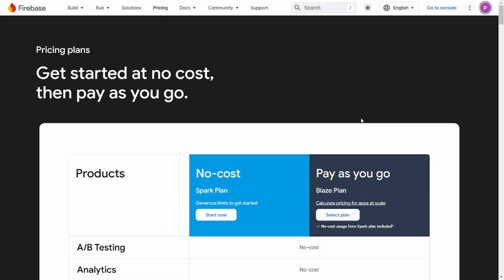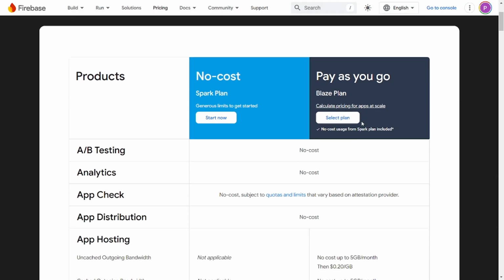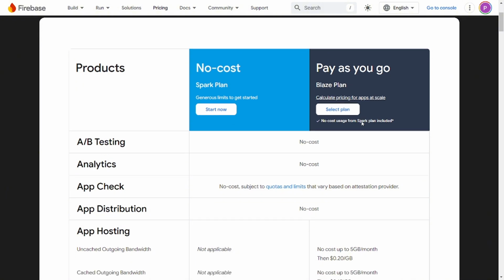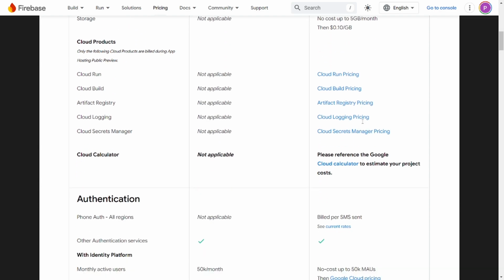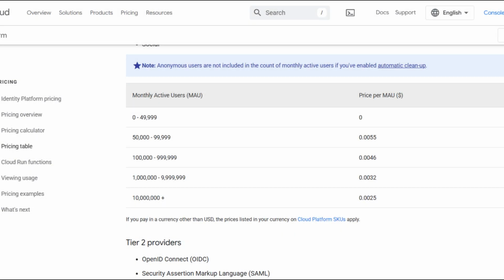Not to mention, it has strong support for mobile and web apps, making it a solid choice for cross-platform development with Flutterflow. However, it's important to note that Firebase uses a non-relational database, which might not be suitable for projects that need a structured and relational data approach.